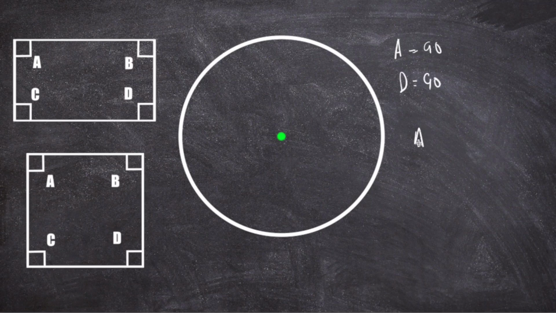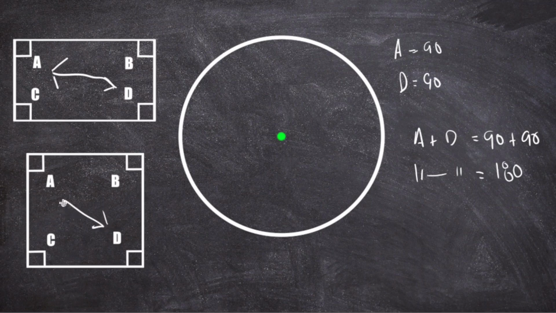If you add A plus D, that's going to give you 90 plus 90, which equals 180 degrees. So A plus D equals 180 degrees, and for each shape, A and D are opposite angles. So it's quite clear that the sum of opposite angles in a square or rectangle is 180 degrees.